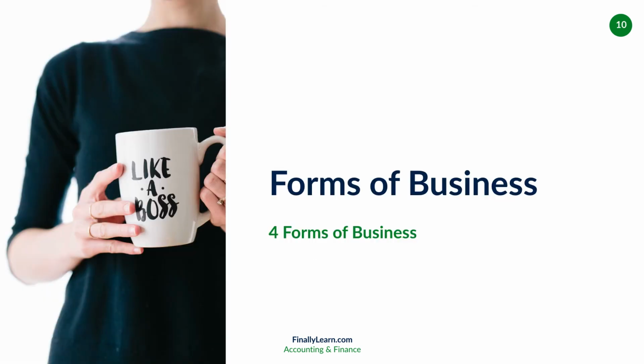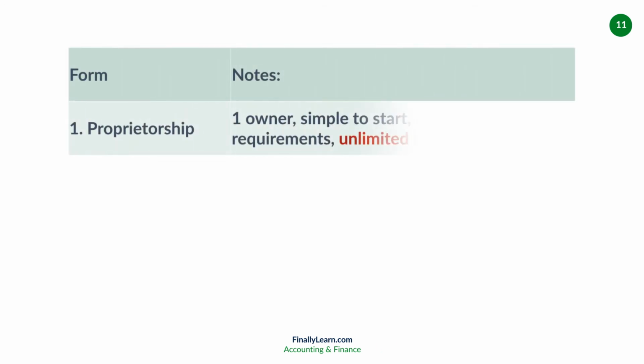Now let's talk about the last little section here about the forms of business. There are really four. The first form is called a proprietorship or a sole proprietorship. So you just have one owner. It's very simple to start. There's no legal requirements. It has unlimited liability, and that's a real problem.